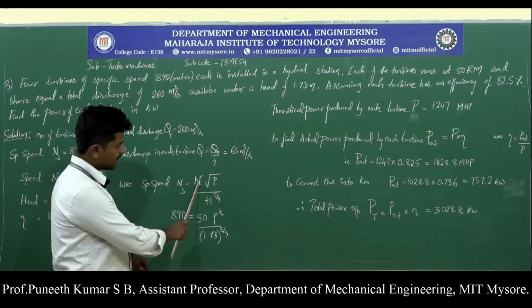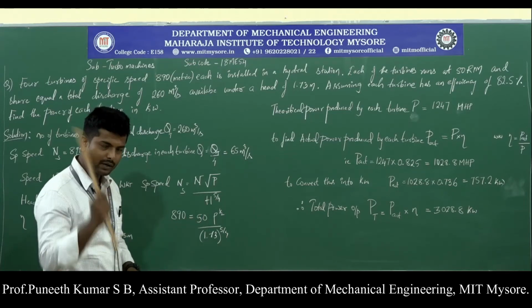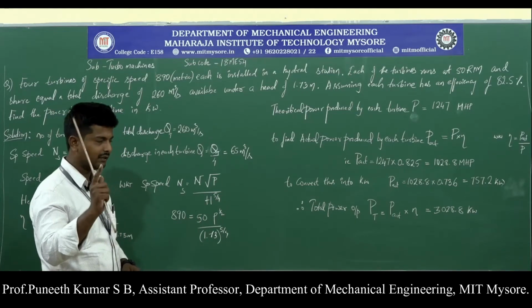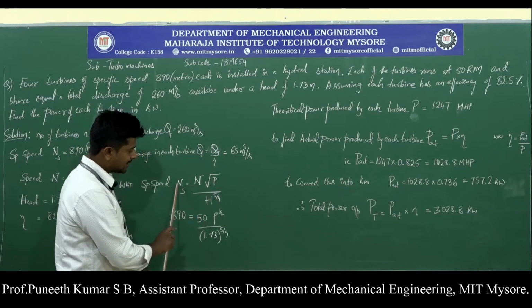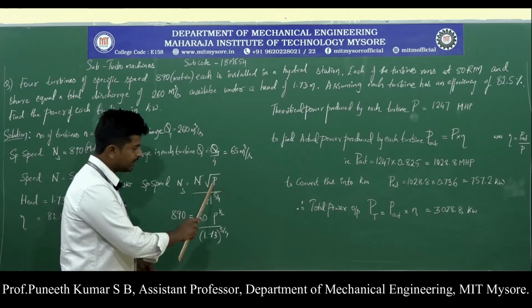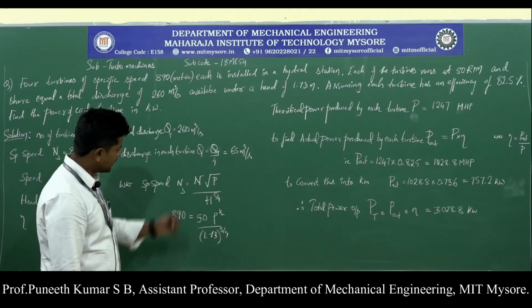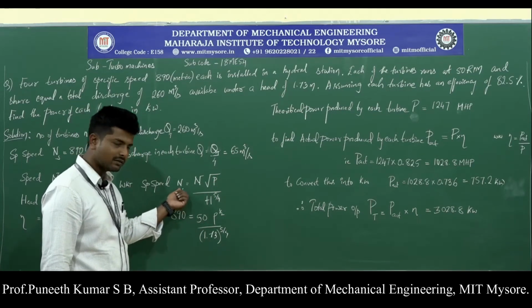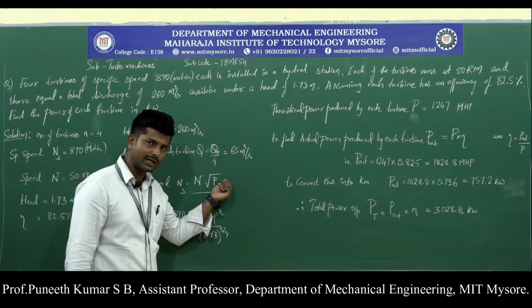So, N is RPM, P is power produced by every individual turbine. As Ns is in metric, we have already discussed in the previous class that P should be in metric horsepower. If Ns is in SI units, the power P will be in terms of kilowatts.